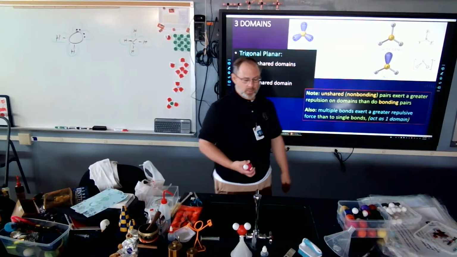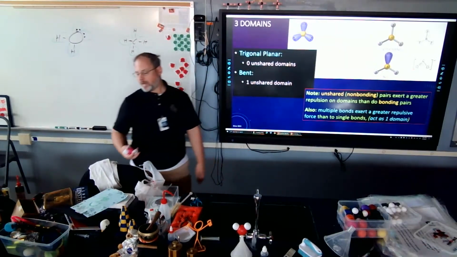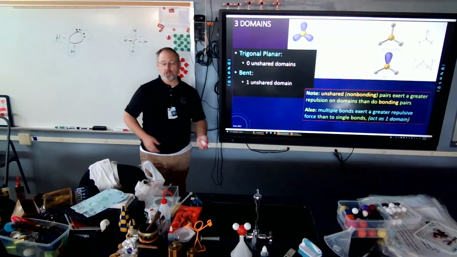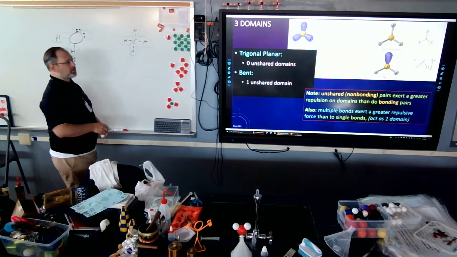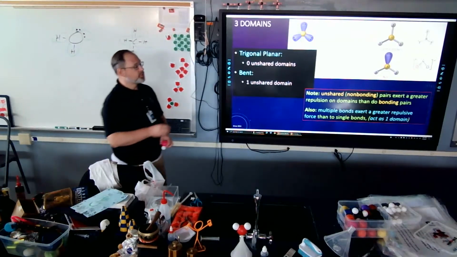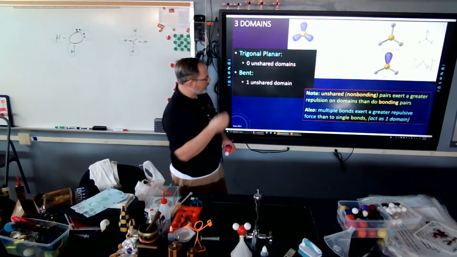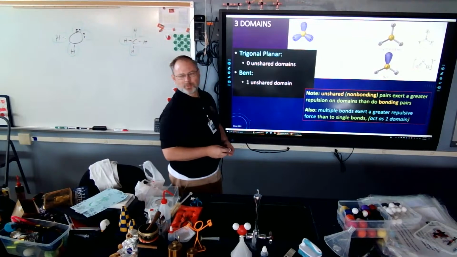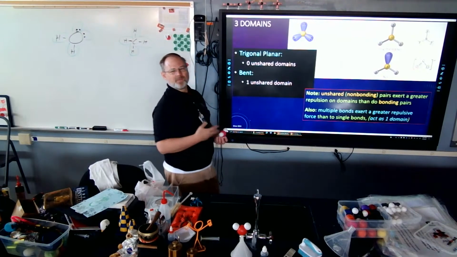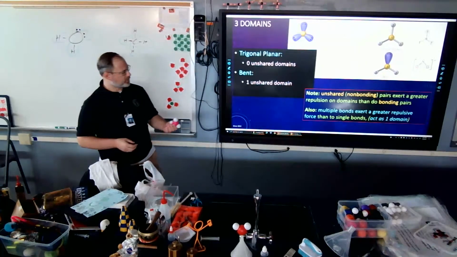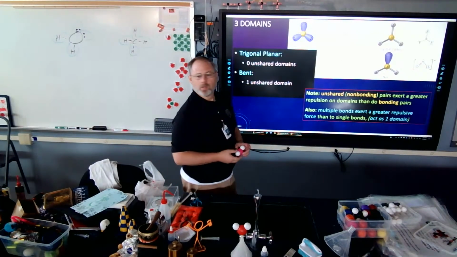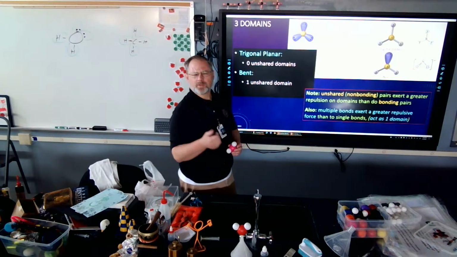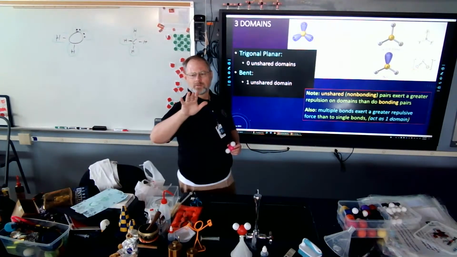One of the things you discover as you explore this is that unshared non-bonding pairs exert more repulsion than bonding pairs. Also, double and triple bonds, while they're still one domain, exert a little bit more repulsion than a single pair. But anyway, if you're ready to move on to the next one, give me a thumbs up. If you have questions, wave your hand around.